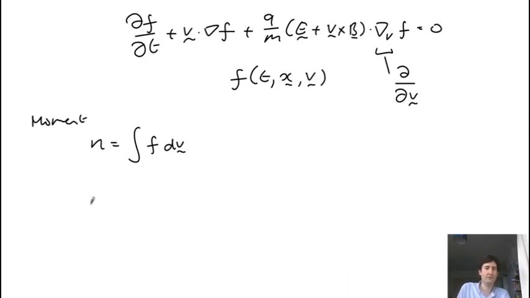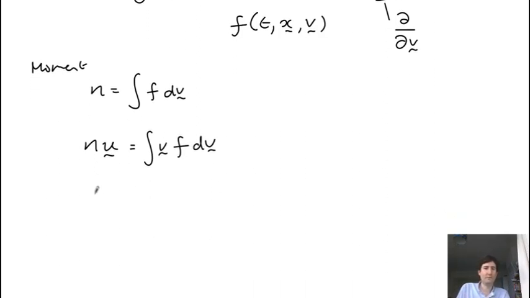If you want the density times the velocity, we take the first moment, so this is the integral of v times f dv. The second moment gives the pressure, so we have the pressure tensor in general. Here you have a component of mass because we need some kind of momentum, so we have a mass.